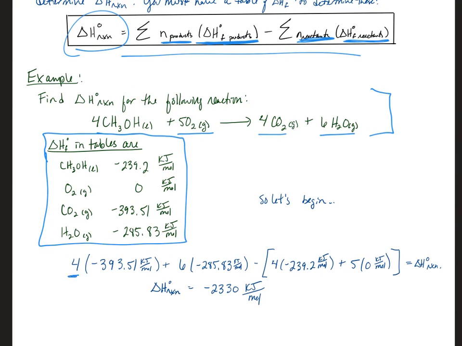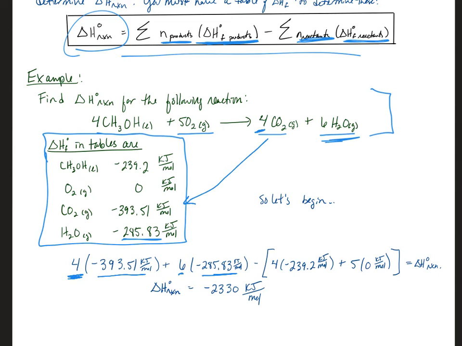So let's see. I've got 4 times the energy of CO2, because this is going to be a product. And so that's where this number comes from. This number right here comes from the fact that there's a 4 as a coefficient. And then we take the H2O, we find what that value is, and we say there's 6 of those. Minus all of the reactants, so that's why I put it in brackets.